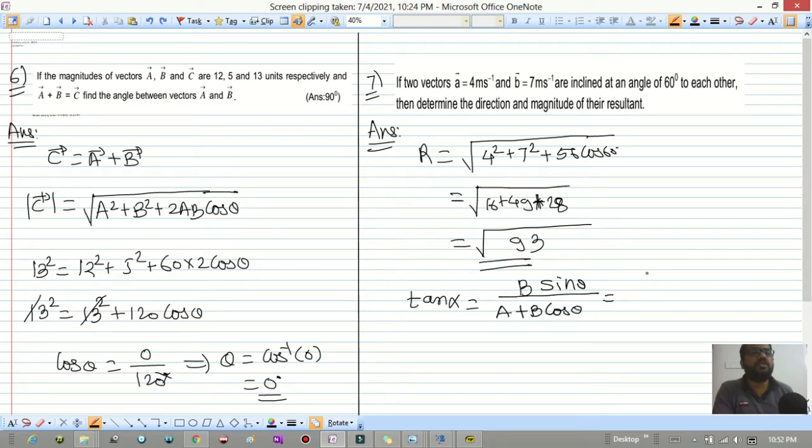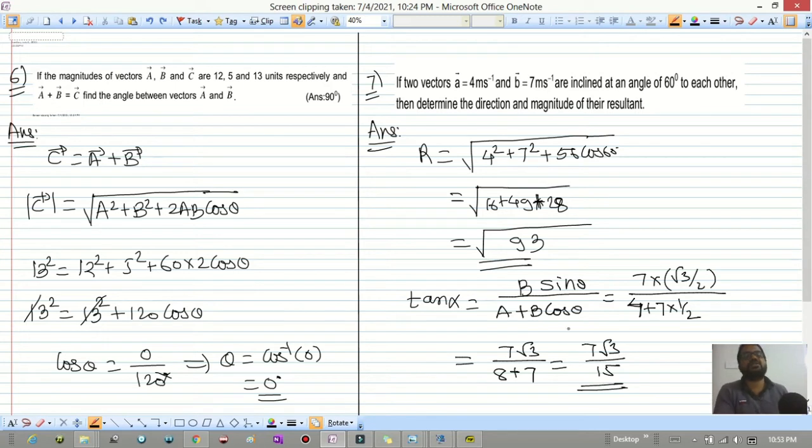So which is equal to, what is b over here? 7 into sine 60, that is root 3 by 2, divided by 7 plus a is 4 plus 7 into 1 by 2. So if you just solve this, you will get 7 root 3 divided by 8 plus 7, and that is 7 root 3 divided by 15. This is the direction we have. This is the magnitude, this is the direction.